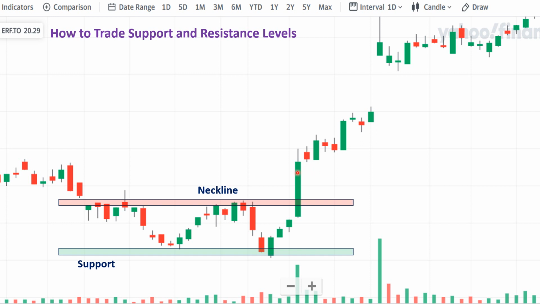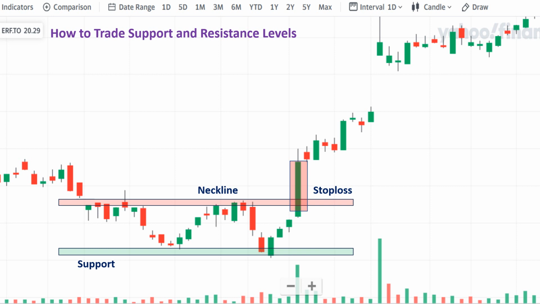To execute the trade, we would enter at the close price of this bullish candle, and our stop loss would be below the neckline to mitigate risk.